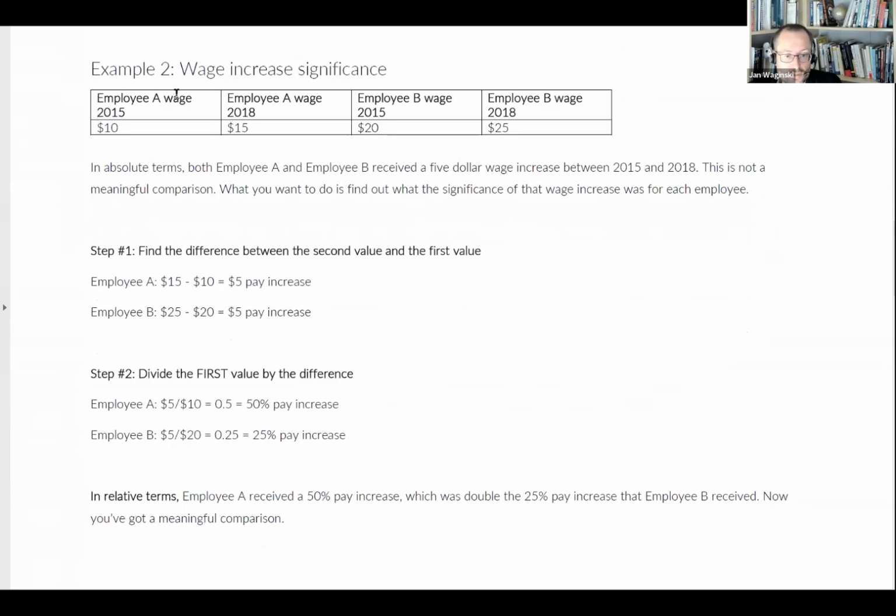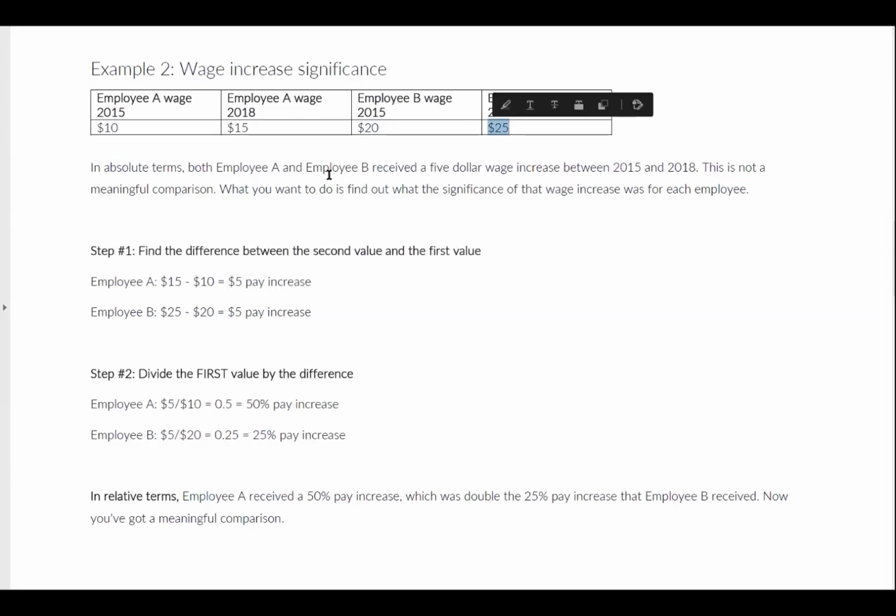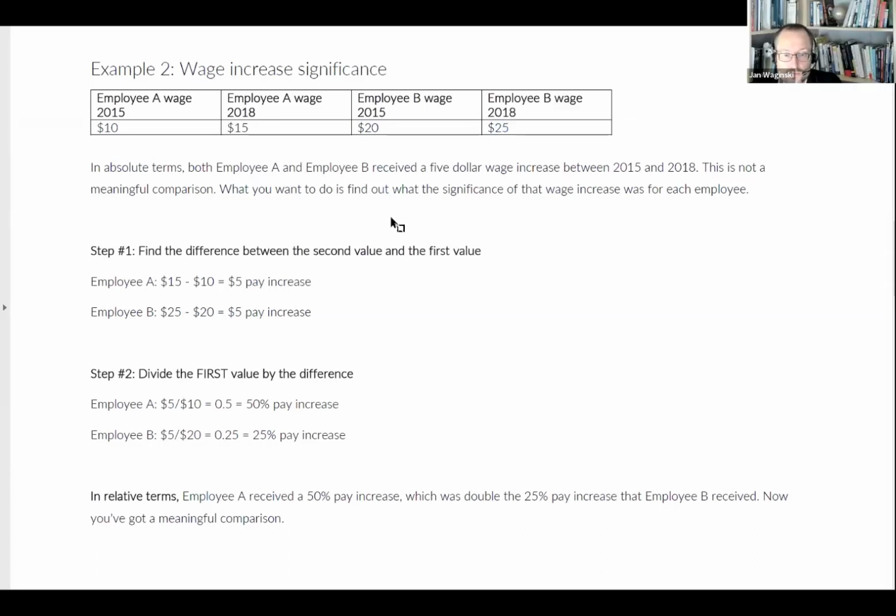So let's say employee A makes $10 an hour. Let's say employee A gets an increase to $15 an hour. Then you've got another employee B, who originally made $20 an hour and then also got a raise to $25 an hour. So employee A went from 10 to 15, employee B went from 20 to 25.